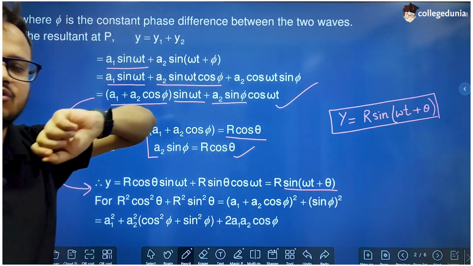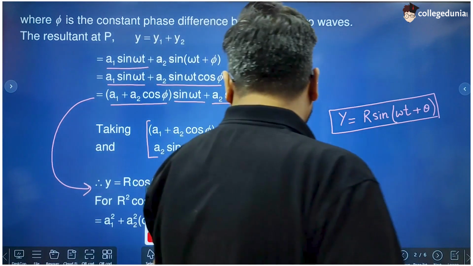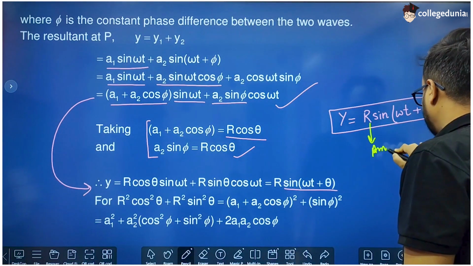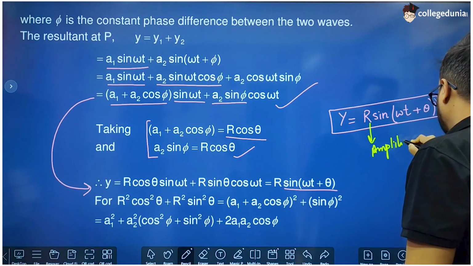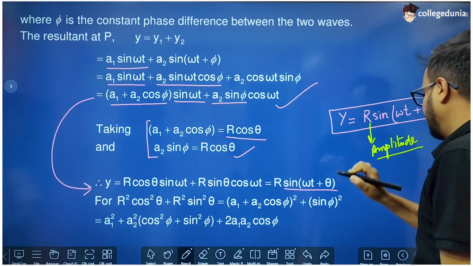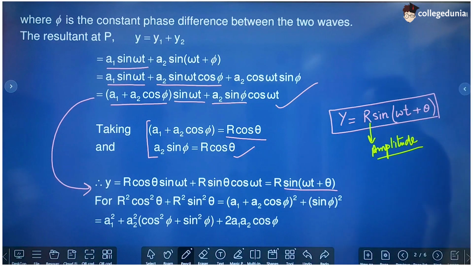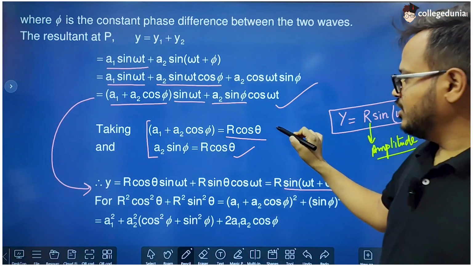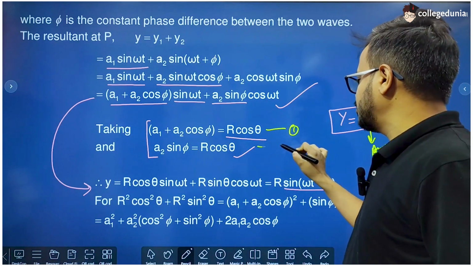And this obviously looks like the equation of a wave. So what is this? This r is the amplitude of the resultant wave. And what is r? We can find the value of r using these two equations.